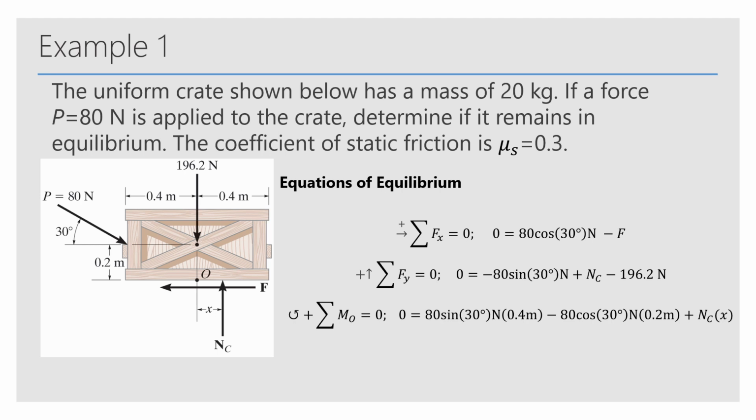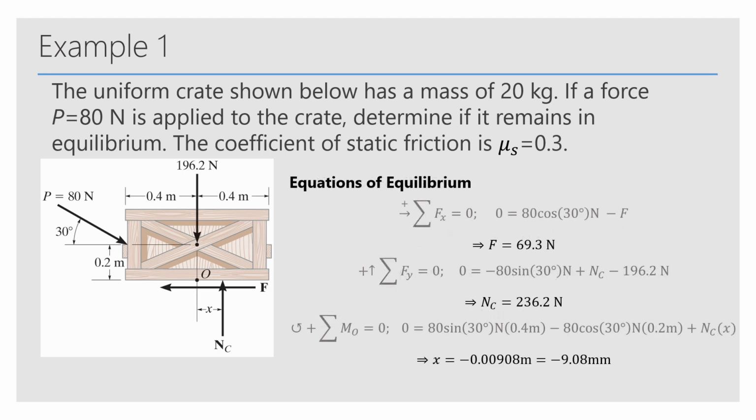Then the moment that's used here is about the point O, and it's found using both the push from P and the normal force that is acting on this. We have that there's no gravitational force for this moment because that gravitational force is acting on the line of the origin.